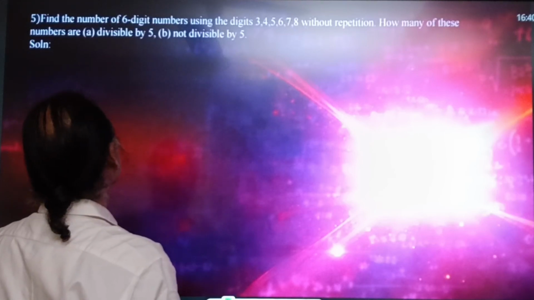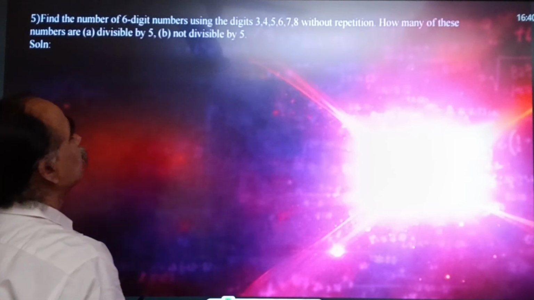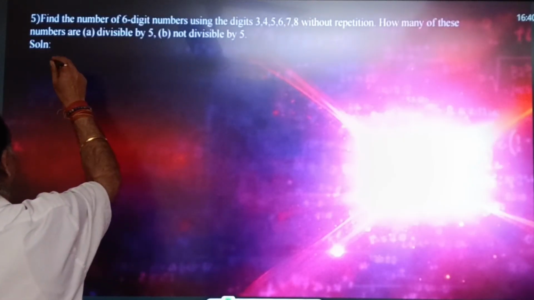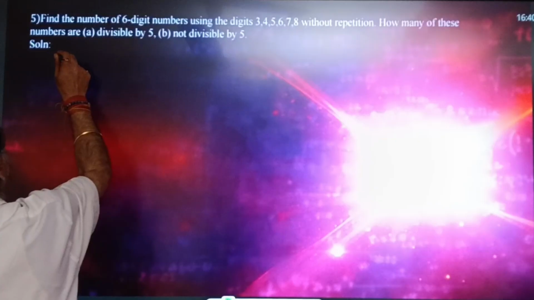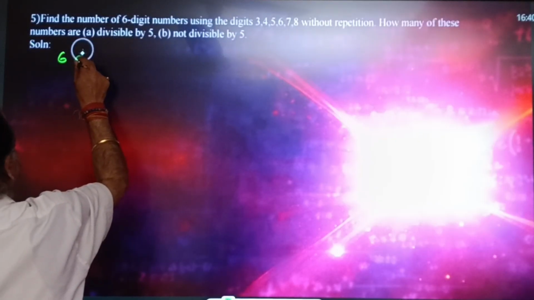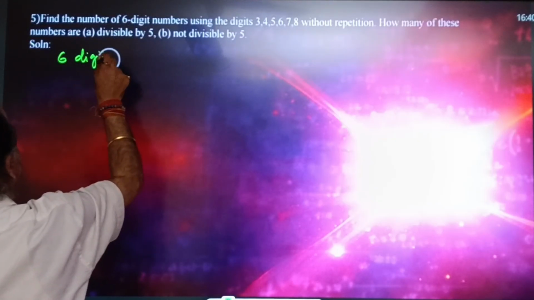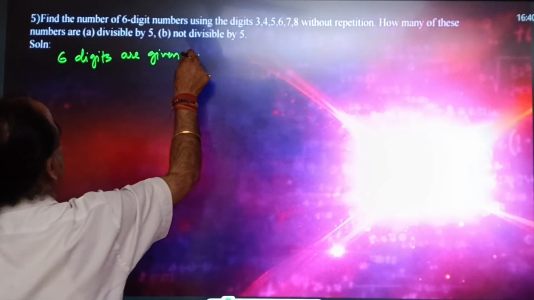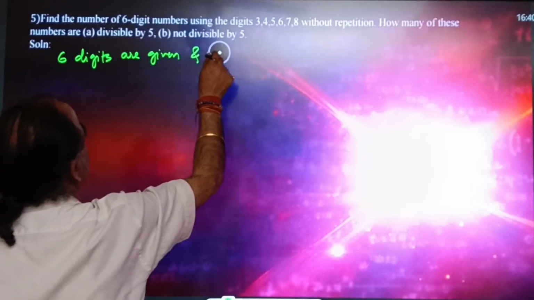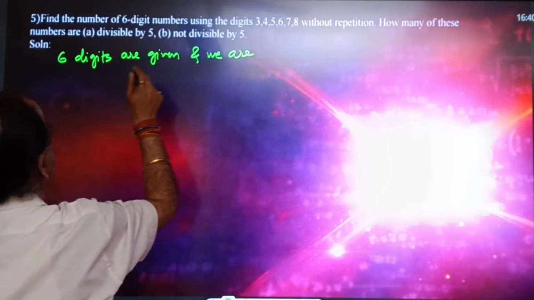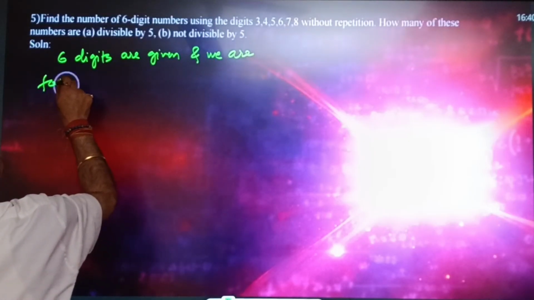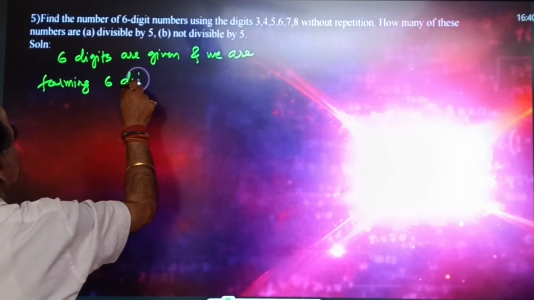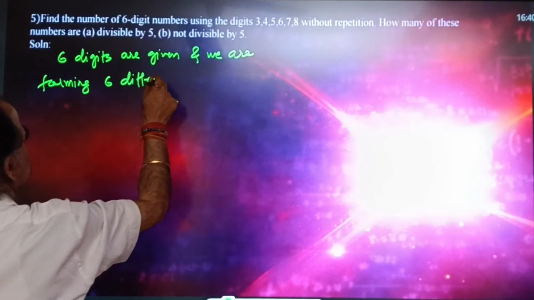How many of these numbers are... 6 digits are given and we are forming a 6-digit number with different digits.